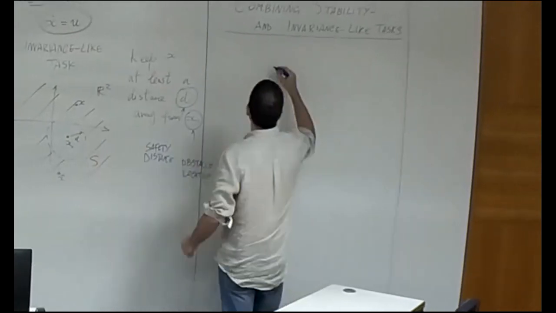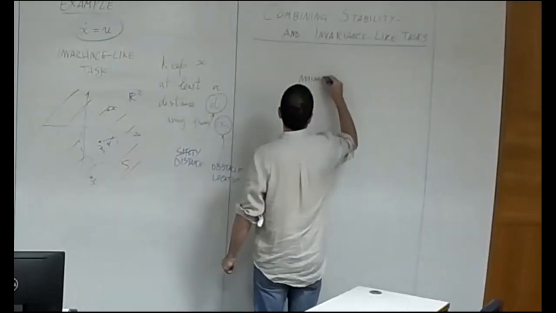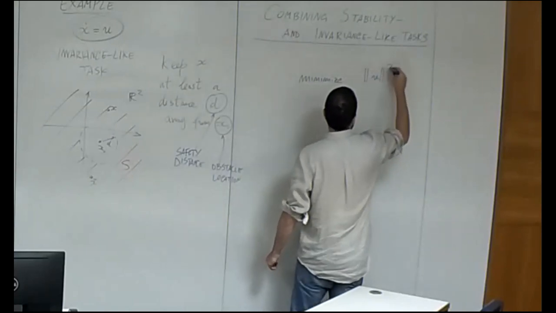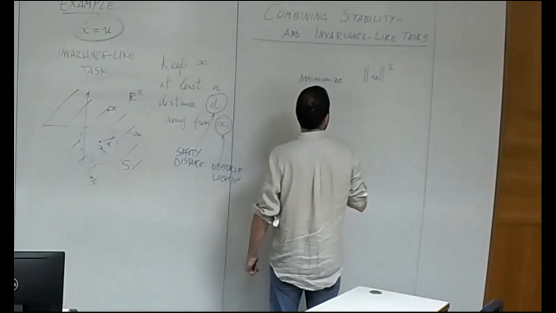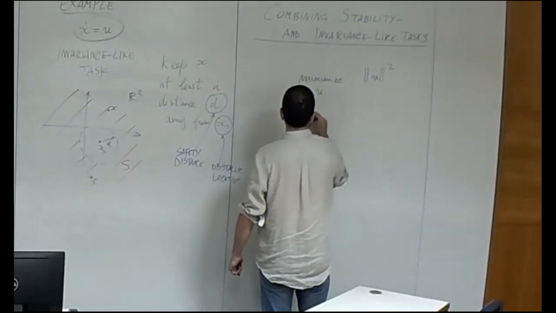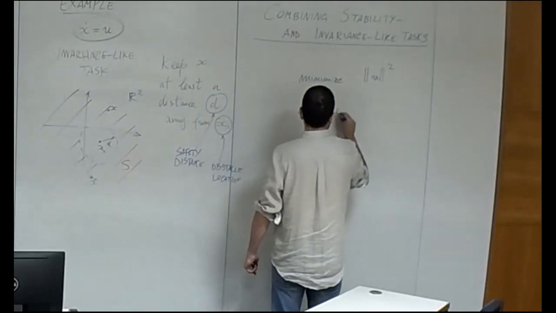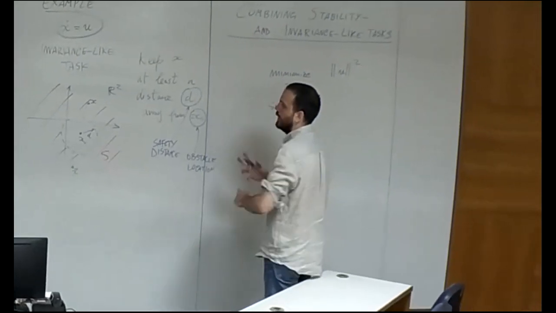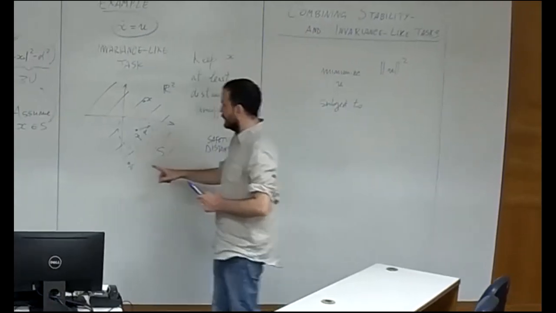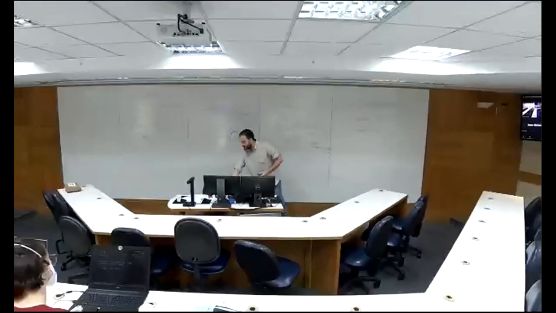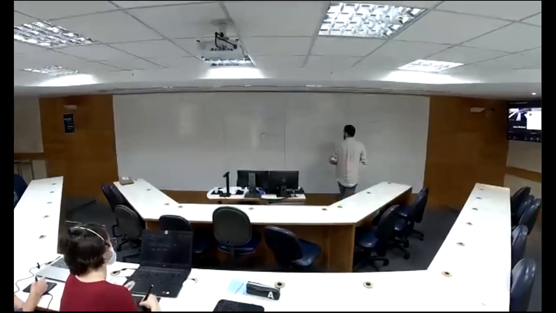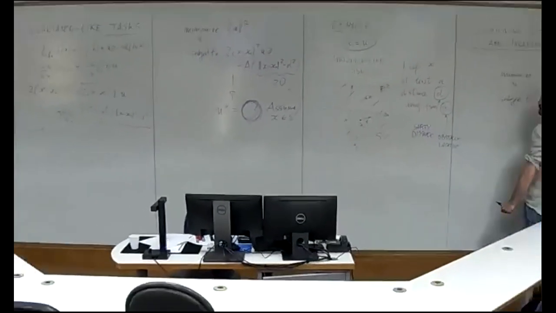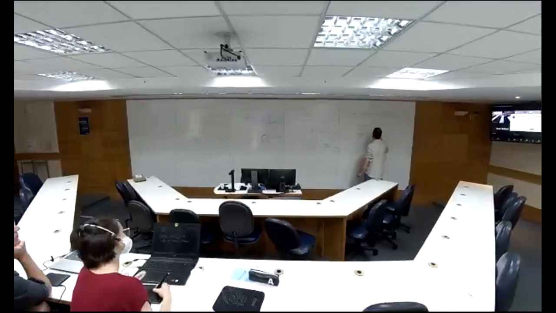So minimize the norm of u squared, subject to, now we have the stability line that tells us go to x bar.